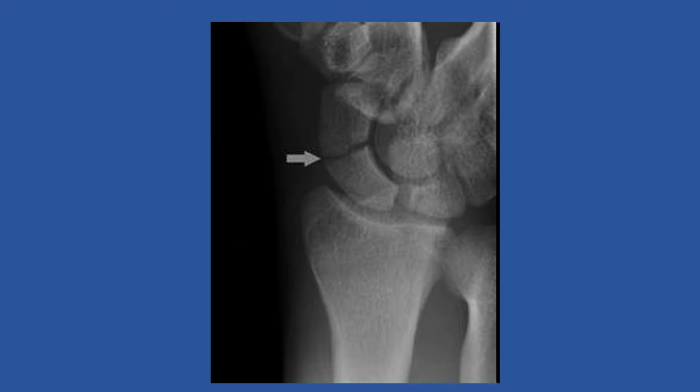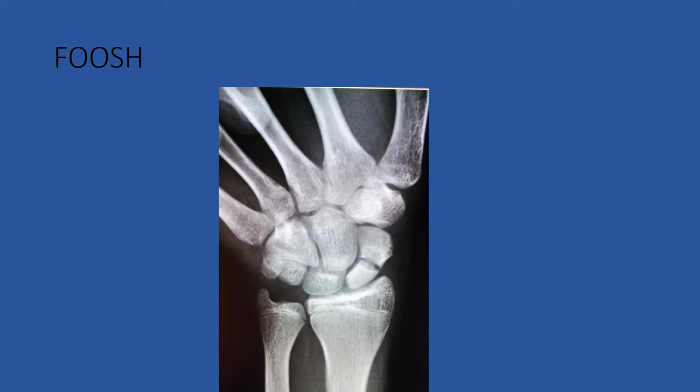They'll often heal separated. If that happens, the patient ends up with chronic pain and ends up needing to have a repair down the road. So as you can see, here's another example of a fractured scaphoid, fractured navicular.